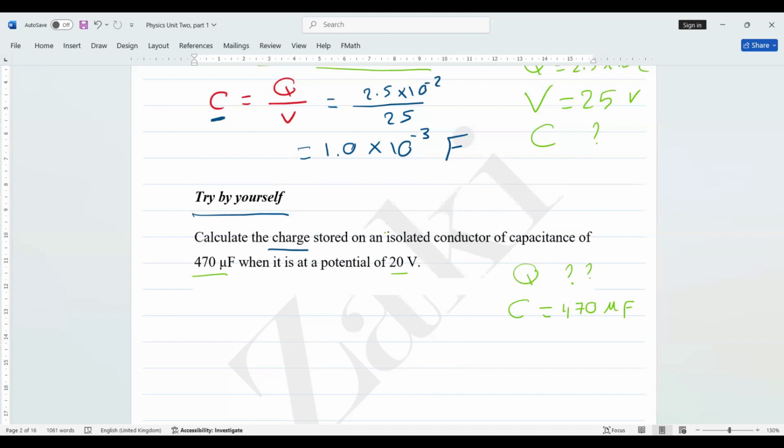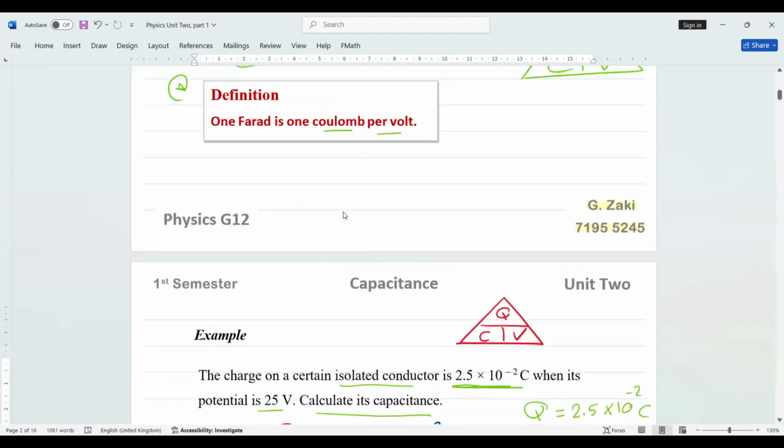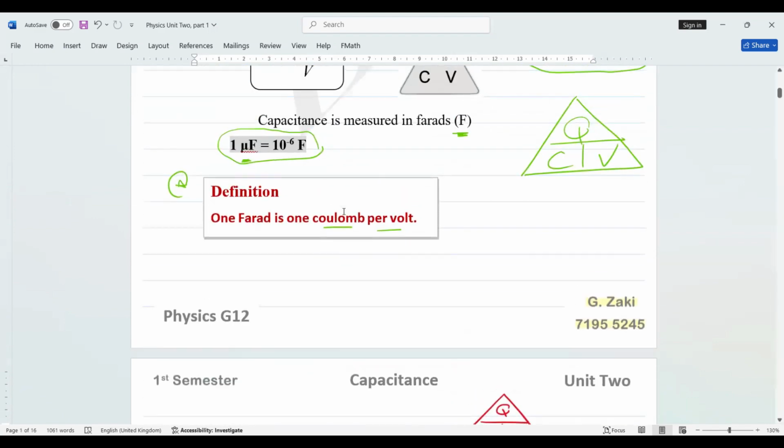I advise you to convert it to farad. We can solve with microfarad and the answer will be in microcoulomb. But I advise you not to get confused, convert it to farad. We said that, if you remember, 1 microfarad equals 10 power negative 6 farad.